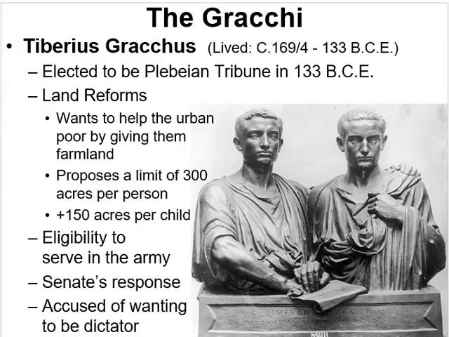And to do this, he thinks that there should be a limit on the amount of land that any one person can have. And that amount of land should be only 300 acres per person. So if a patrician has multiple thousands of acres on their giant plantation, they're going to have to lose that land.